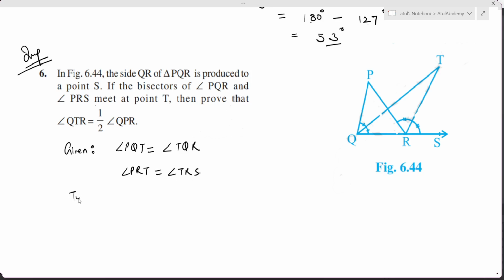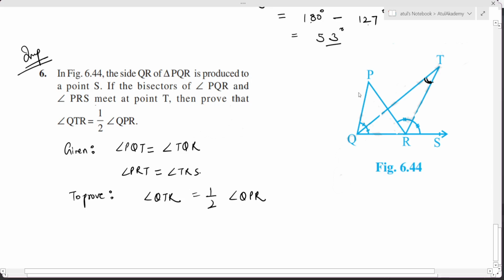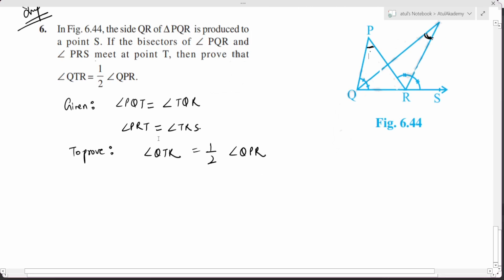Fine. What do you have to prove over here? That angle QTR is equal to half of angle QPR. Where is QPR? This. This is half of this. So how will we do it? Let me just tell you this question.